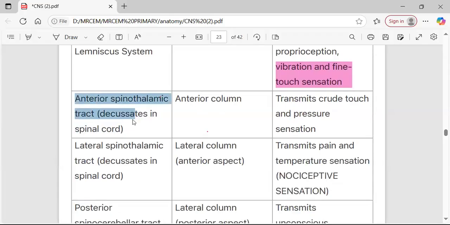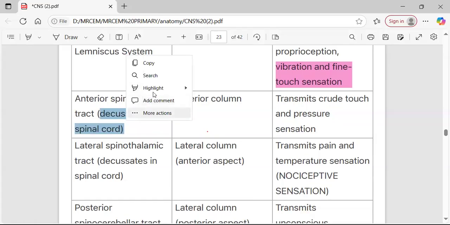Then there's the anterior spinothalamic tract. Whichever tracts are decussating will lead to a contralateral problem. The lateral and anterior spinothalamic tracts decussate.